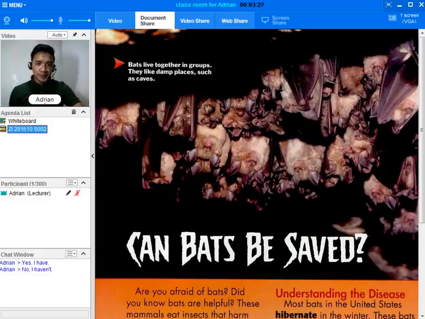Bats live together in groups. They like damp places, such as caves. So that is a reason why we see a lot of bats in the picture. It's because they like to live in groups. Maybe they're not comfortable living alone or they can't survive living alone.